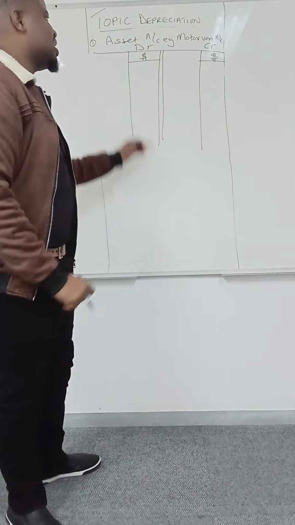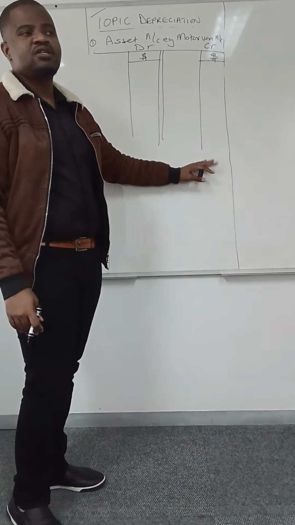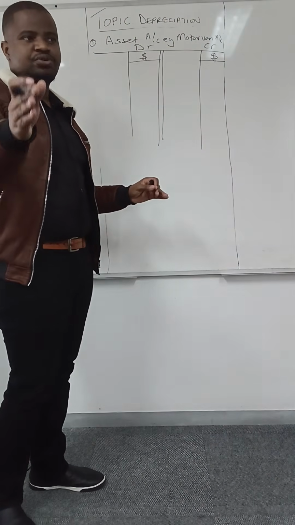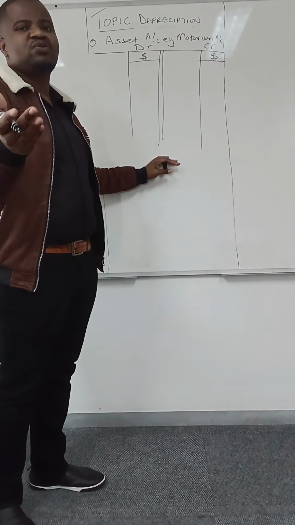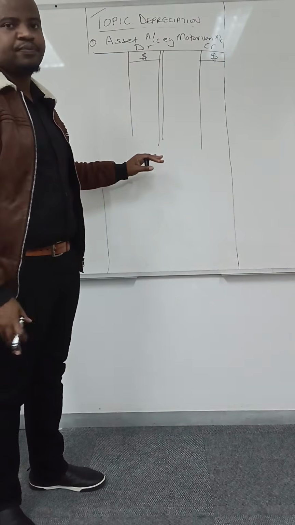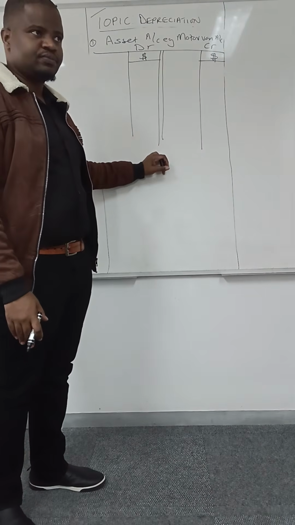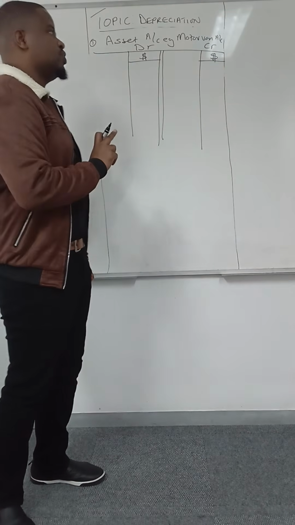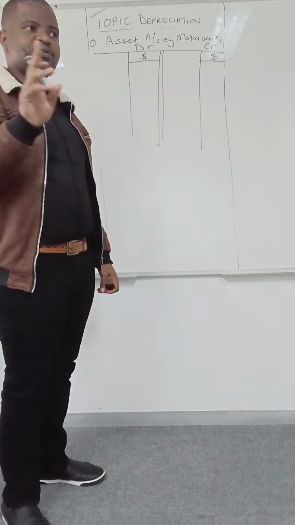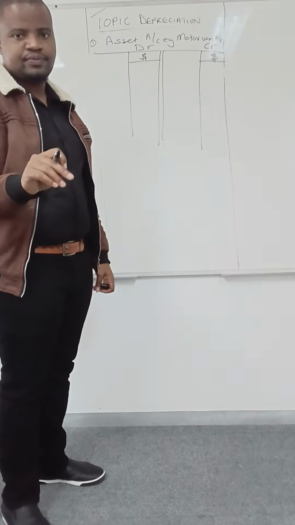We can agree this is the easiest account for depreciation. If you get an asset account, it means you should not just put in any effort, because this is simple. You need to know this. This one is very, very important.